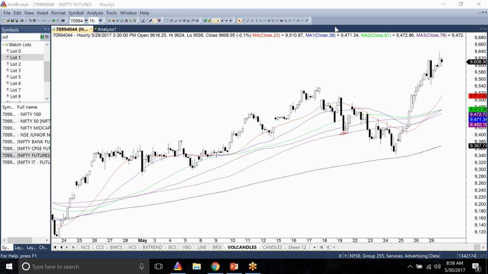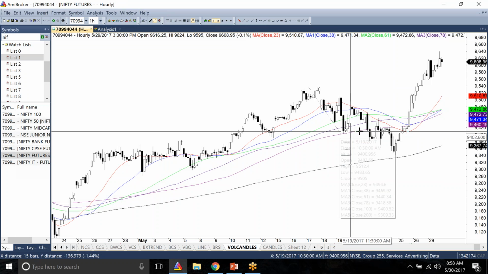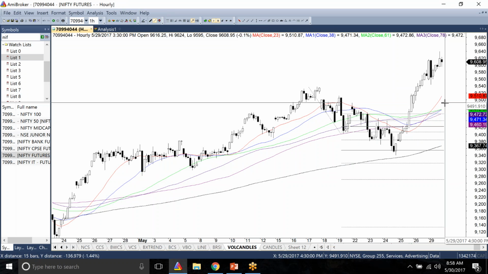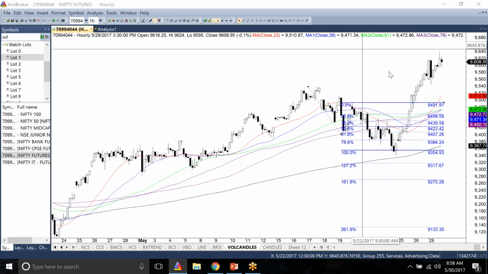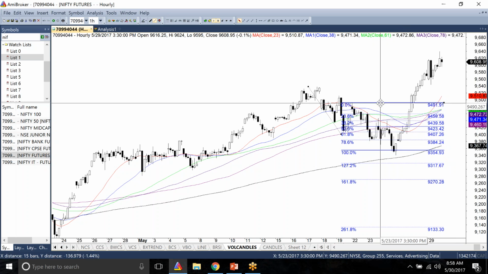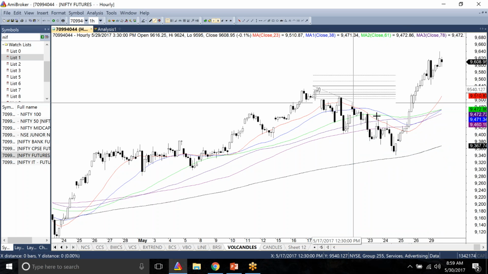It moved up and came down again. So we have to see whether it was a cluster or not, or whether it was a proper projection or not. So I'm just taking the projection level, and I saw that yes, it is a 100% projection level here. Now we will take the whole swing and we will see whether our targets are met or not.